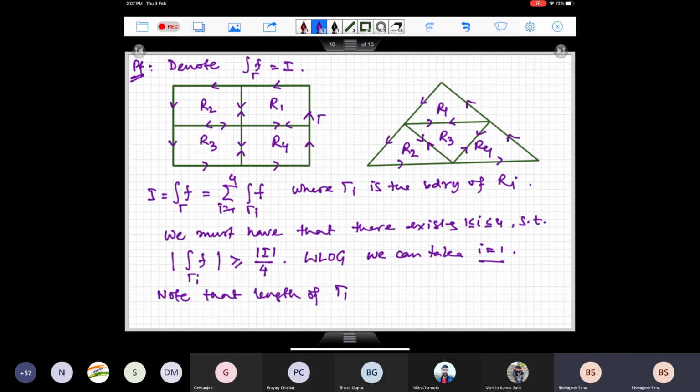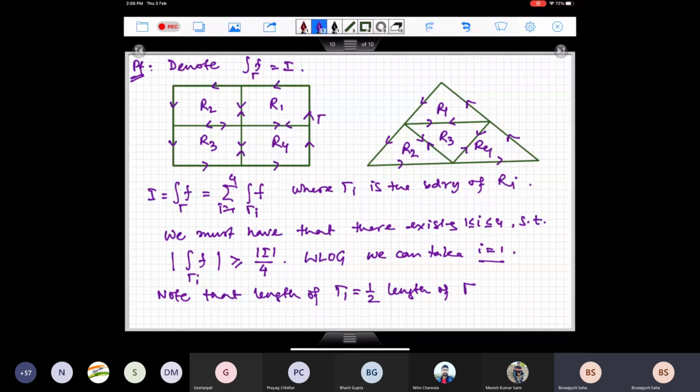Here note that the length of gamma 1 is exactly half the length of gamma. You can clearly see that the circumference of the rectangle R is exactly twice the circumference of the rectangle R1. Similarly in the case of triangles. So the length is getting divided by 2.